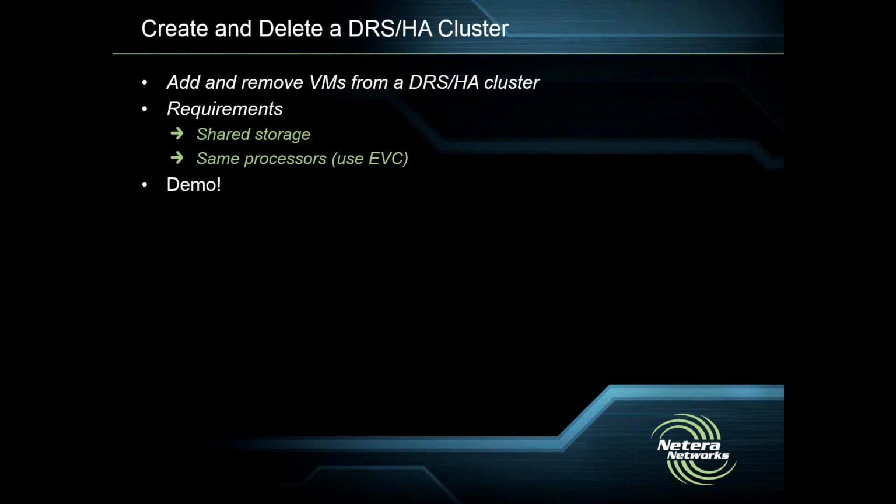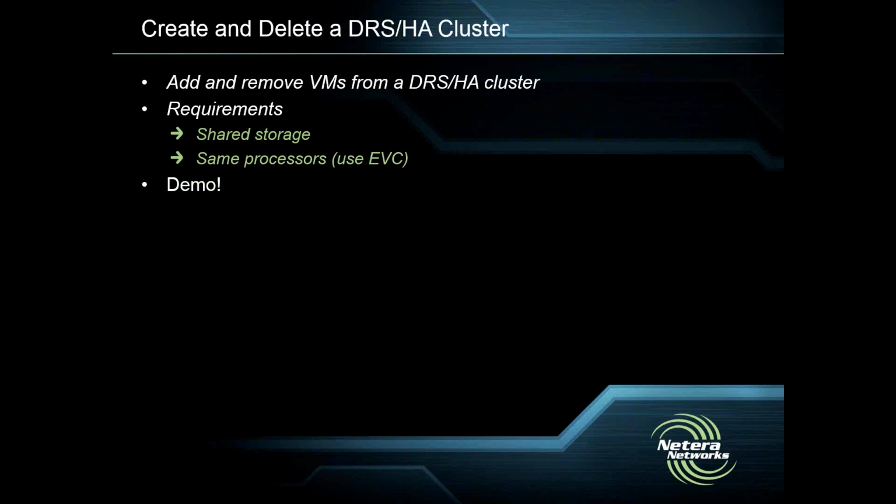Most importantly, shared storage means that all your ESXi hosts need to be able to access the same datastores, whether they're backed by LUNs or by NFS datastores. Shared storage will be a requirement for DRS or HA clusters.